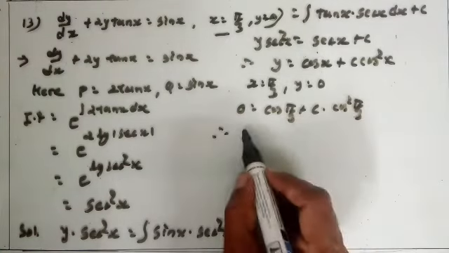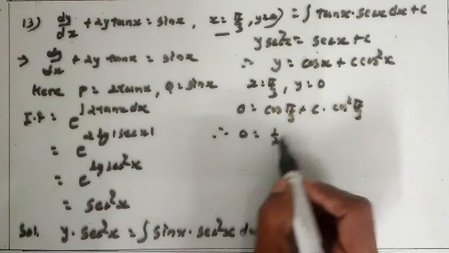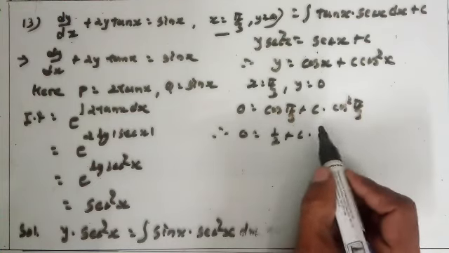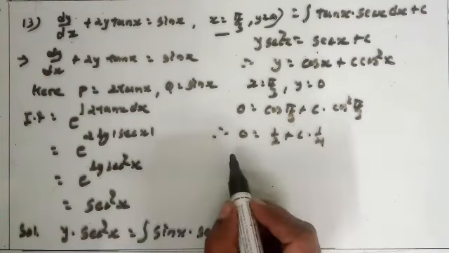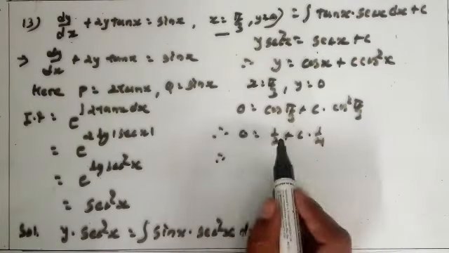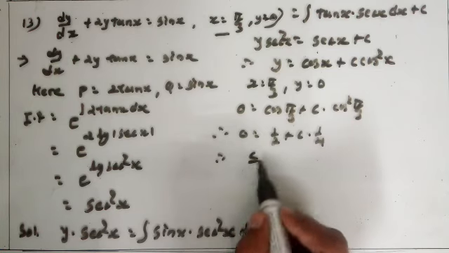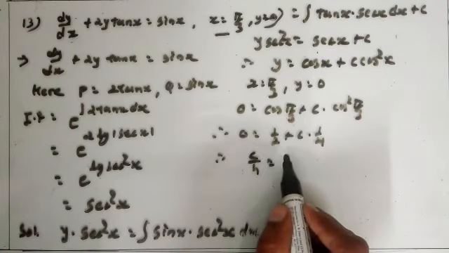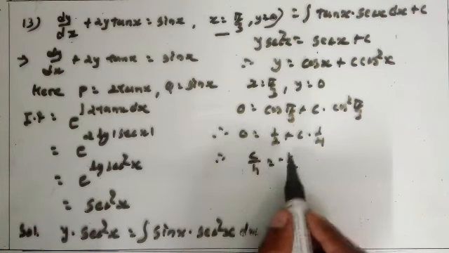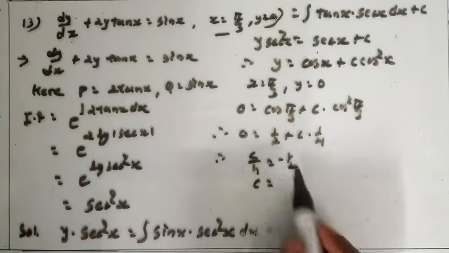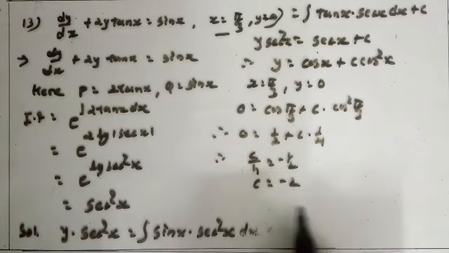Therefore, cos pi by 3 is equal to 1 by 2, plus c into 1 by 2 square, that is 1 by 4. So 1 by 2 take this side. So c upon 4 is equal to minus 1 by 2. 4 take this side. So c is equal to minus 4 upon 2, that is minus 2.